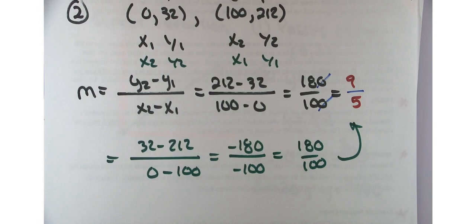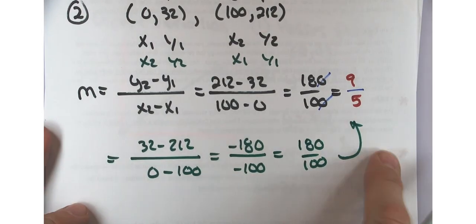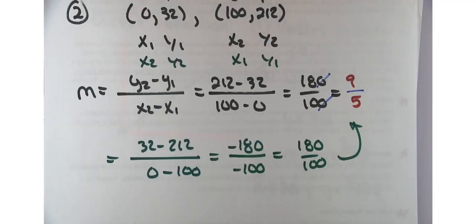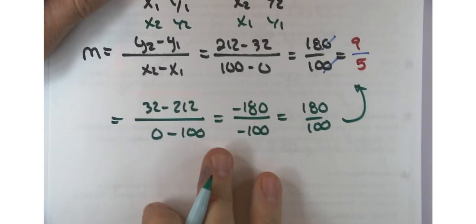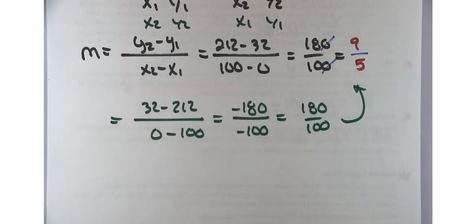Let's go a little bit further here. Let's actually figure out the equation of a line with these two things. I think I saw that as a couple of your problems. So there's a couple ways I could do this. Kind of depends on you. But one way that I could do this is with the point slope form.